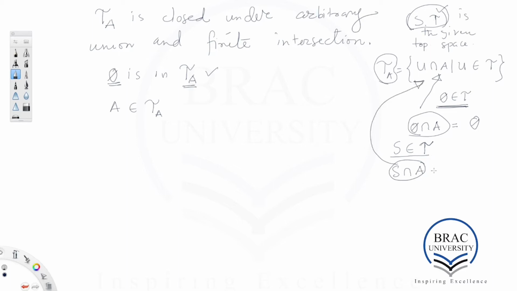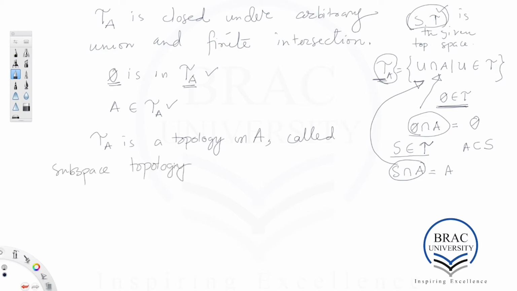And what is it? It is A, because A is a subset of S. So A is also in this collection. That confirms that indeed tau A is a topology on A, called the subspace topology of A in S.